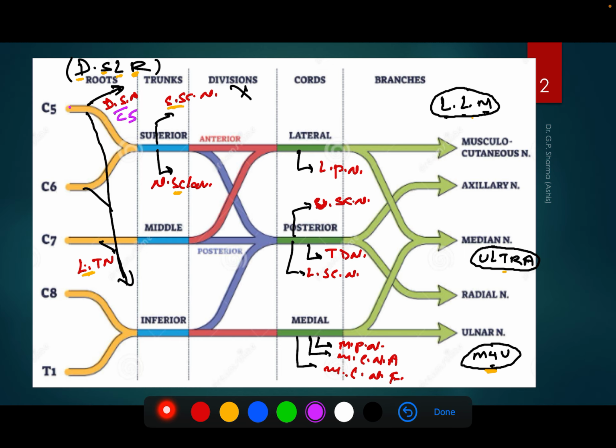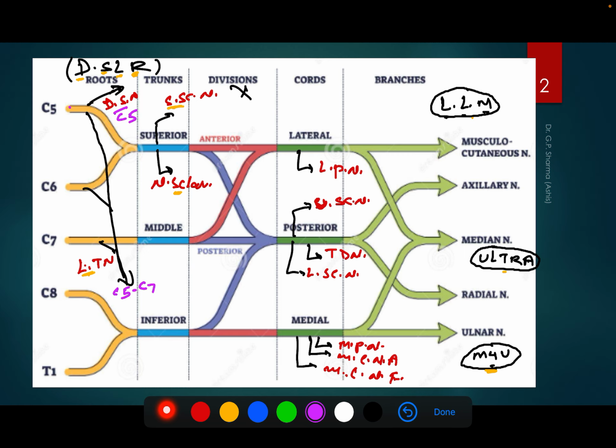This is the root value for my dorsal scapular nerve. And I have another branch here from the roots, that is my long thoracic nerve. Let's see. This nerve is coming from here, that is C5. It's coming from here, that is C6. It's coming from here, C7. So the root value for my long thoracic nerve should be C5 to C7.